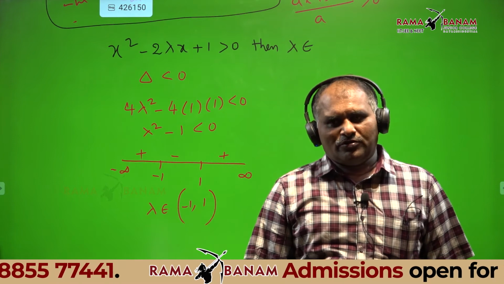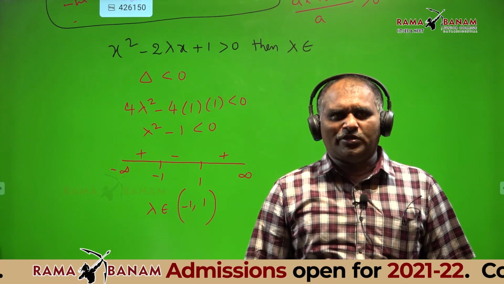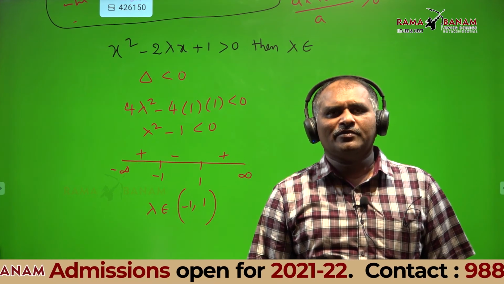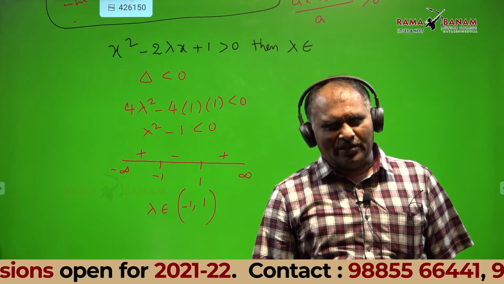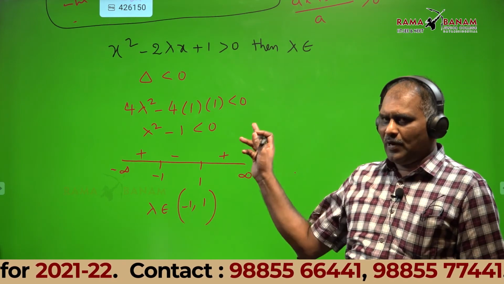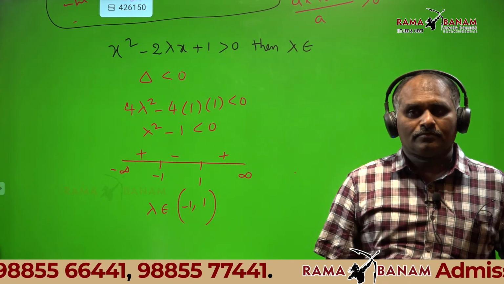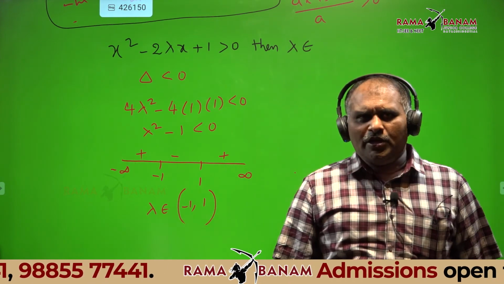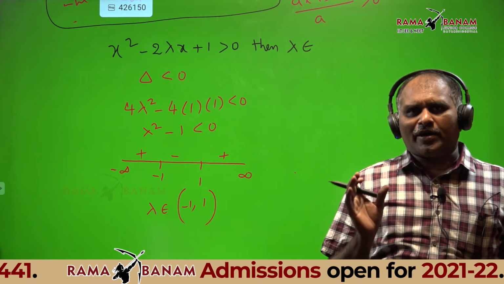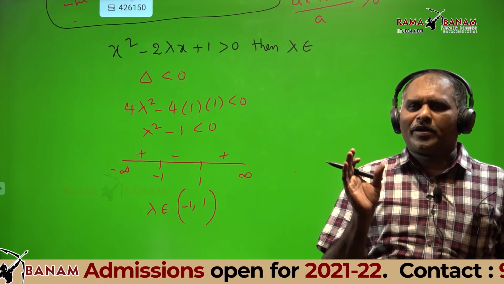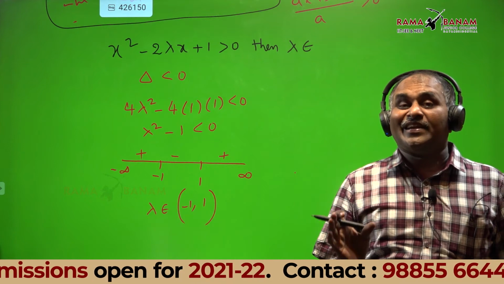Okay, sir. Understood how to find? Yes, sir. Okay. Completed? Completed, sir. Okay. Here a quadratic will be there. Quadratic is called second degree.